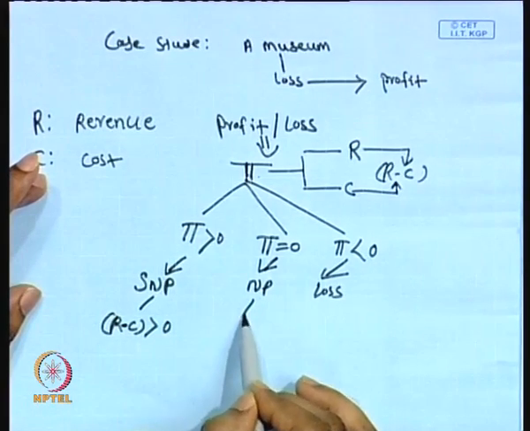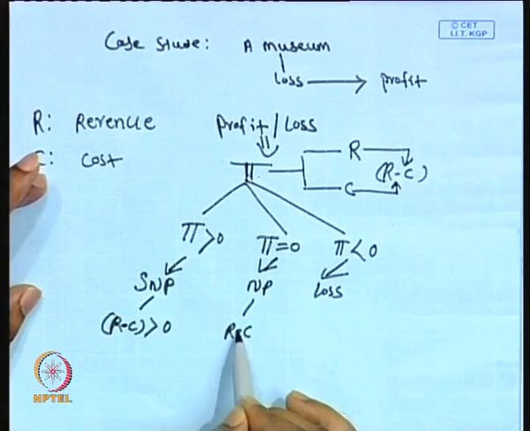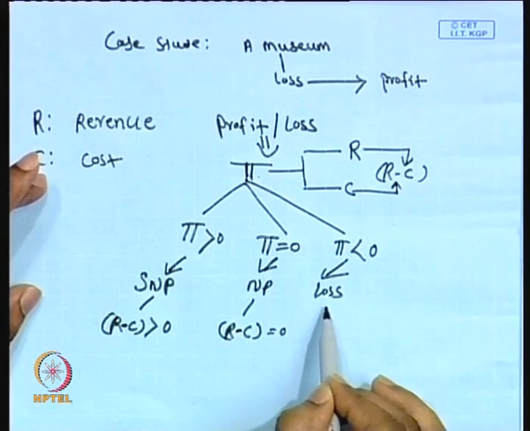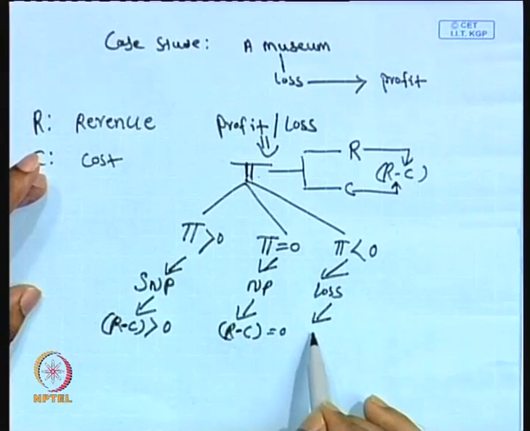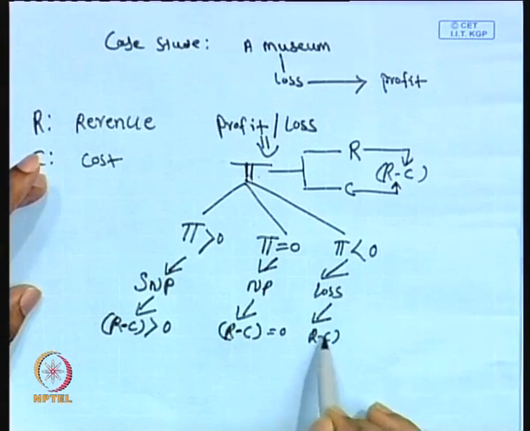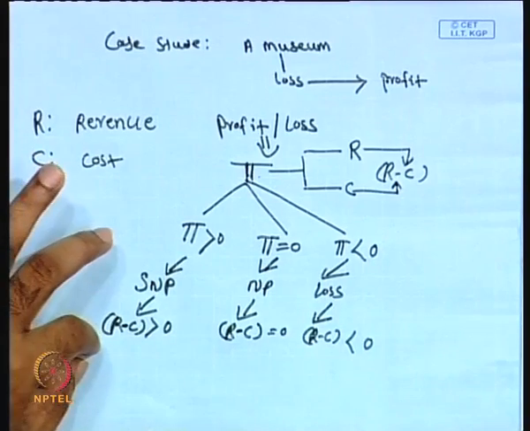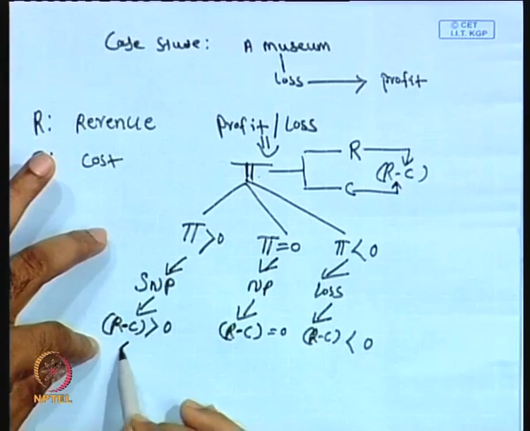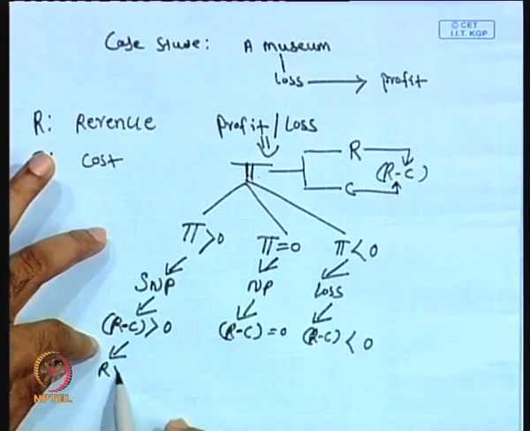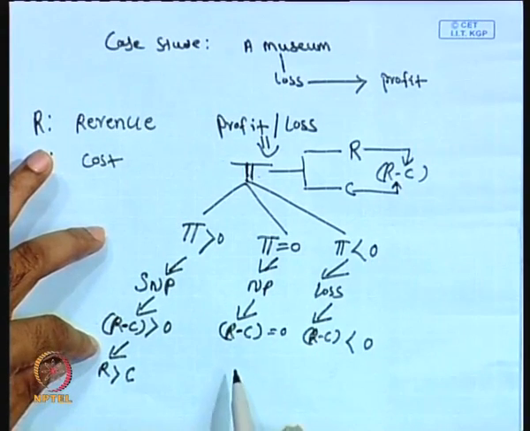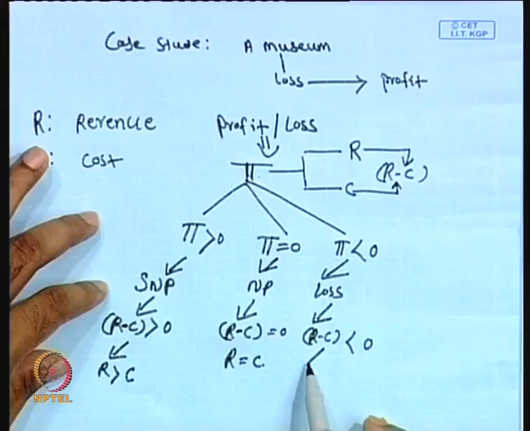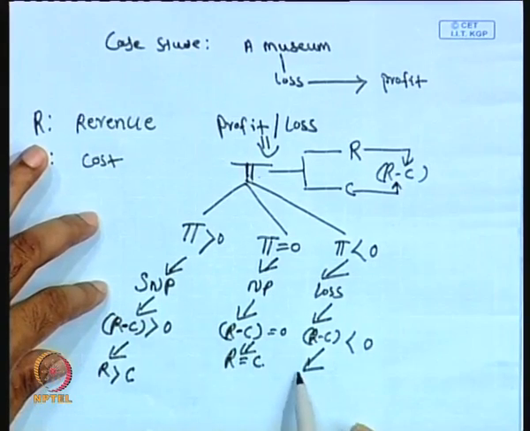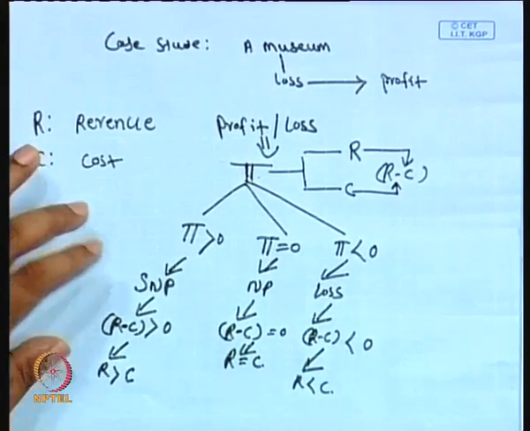For normal profit, R minus C must be equal to 0, and for the loss situation R minus C must be less than 0. So if R minus C is greater than 0, it is an indication that R is greater than C. If R minus C equals 0, then R equals C. And for loss, R must be less than C, all right.